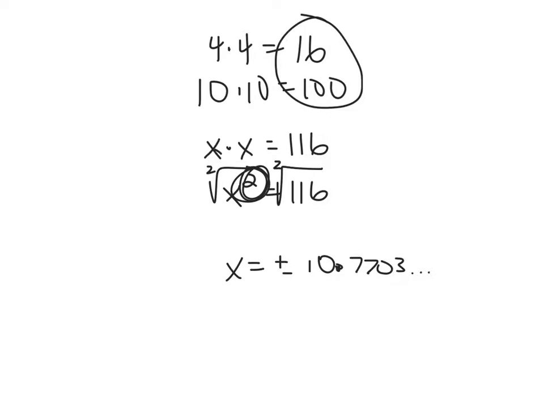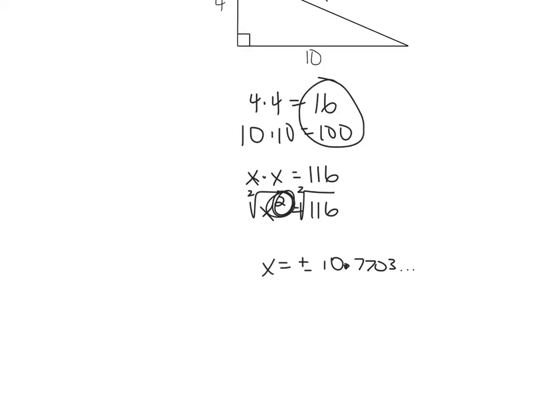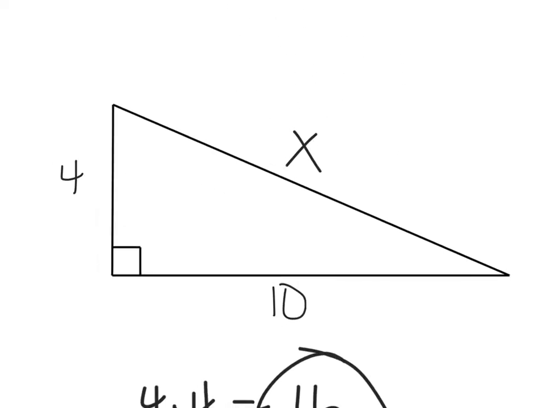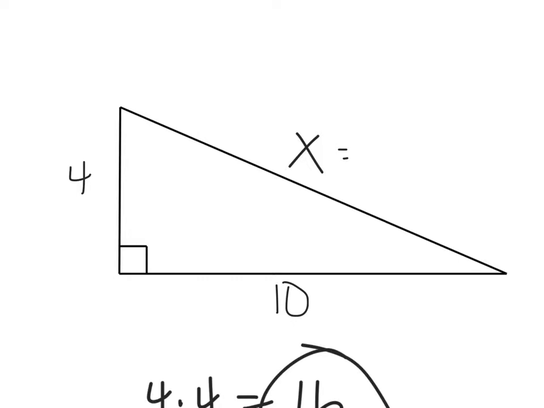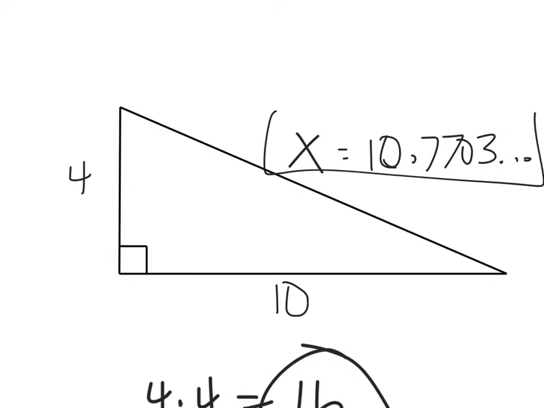The decimal keeps going. The calculator just doesn't tell me any more digits, but that doesn't mean the decimal stops there. I don't need my negative version, so that means my answer is x equals 10.7703... That's my answer.